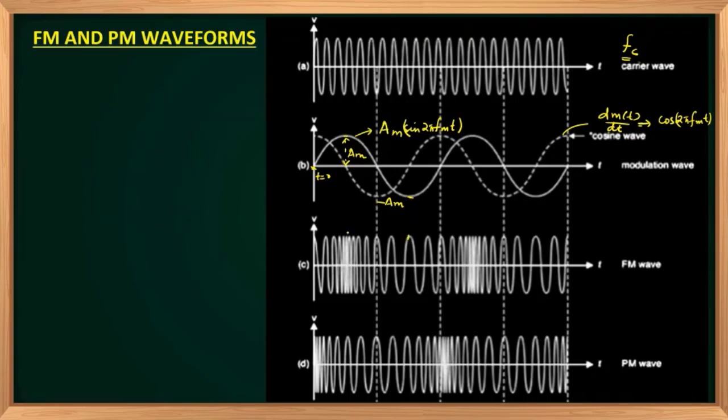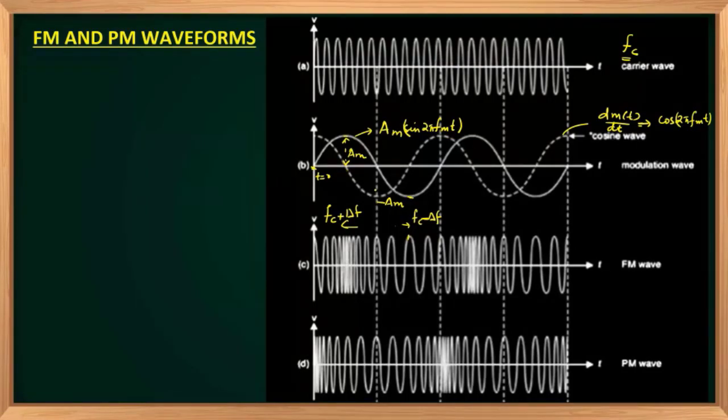So you can see a frequency deviation from this point to this point. Here frequency is maximum and that is denoted as Fc plus delta Fc, and here frequency is minimum, that is Fc minus delta Fc. So frequency is varying continuously with respect to the instantaneous amplitude of the modulating signal.